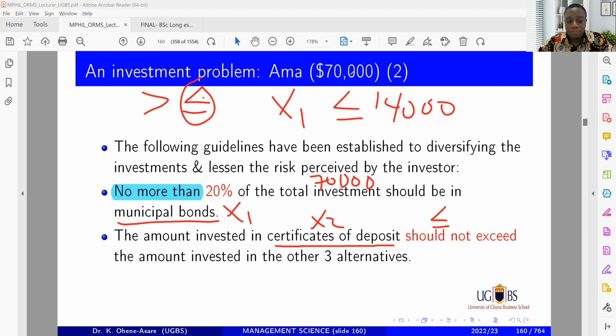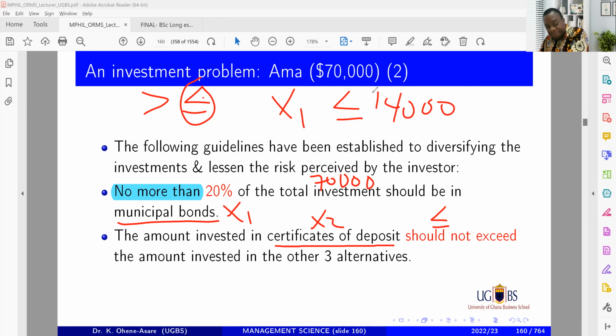Because the question was comparing the certificate of deposits to the sum of the other three alternatives. I like that word you used, the sum of that. Even though the word sum wasn't indicated, it's implicit.